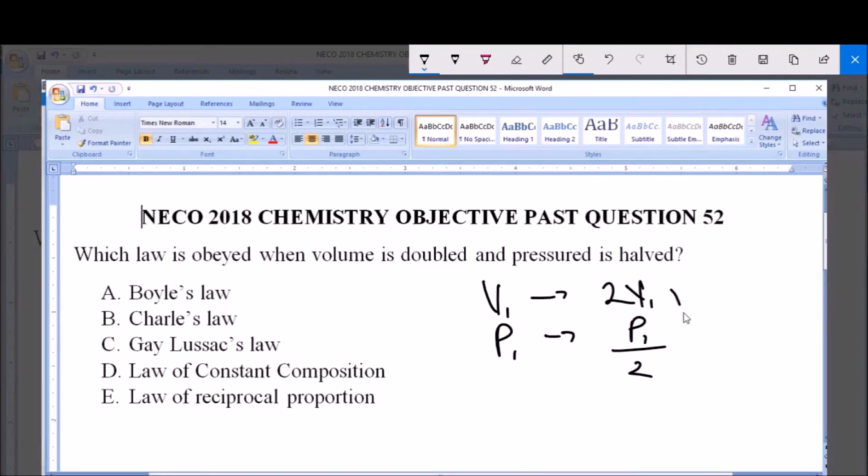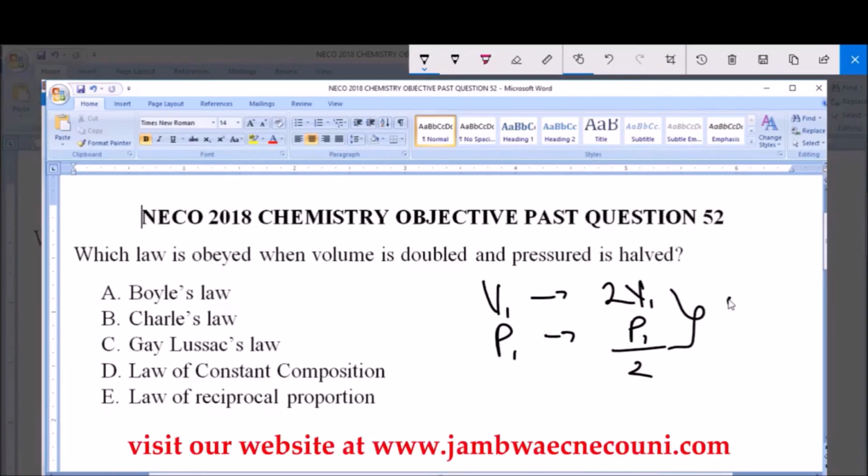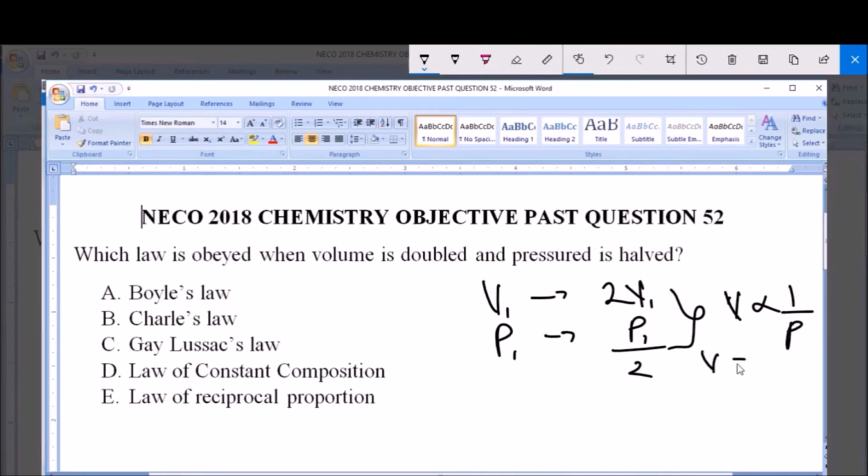And this statement simply implies that the volume is inversely proportional to the pressure. Thereby we say V equals K, introducing a constant, over P. And so therefore VP equals K, and therefore V1P1 equals V2P2.